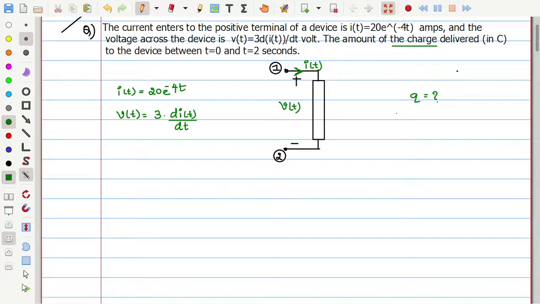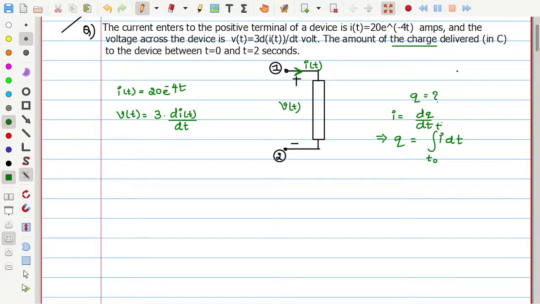We know previously that current is the rate of change of charge, i equals dq by dt. But this doesn't help us in finding the charge, it helps us in finding the current. So we integrate both sides, so that we get Q as the integral of i dt over the time interval t naught to t.